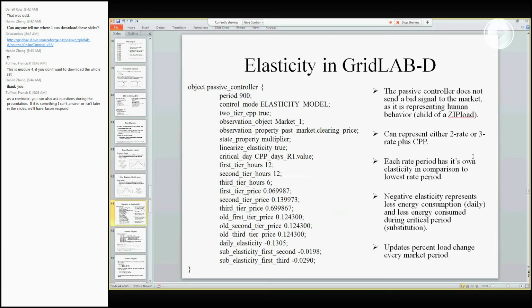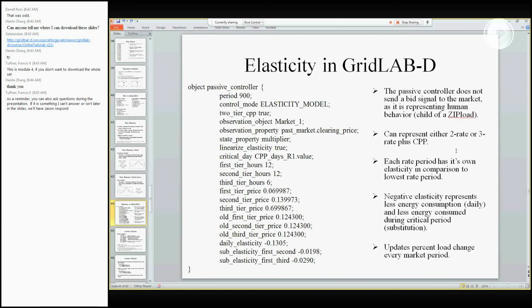Currently, it's built to represent either what I'll call 2-rate or 3-rate time of use plus critical peak pricing, so your number of tiers. Now, each rate period has its own elasticity, and they're always in comparison to the lowest rate period.